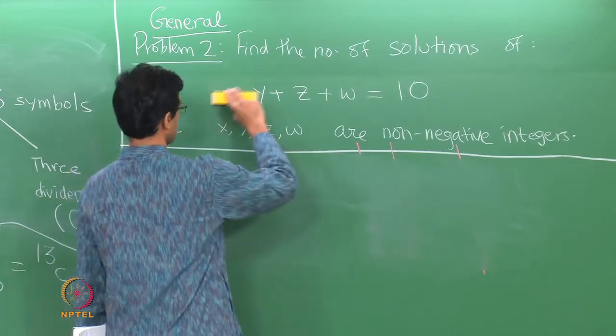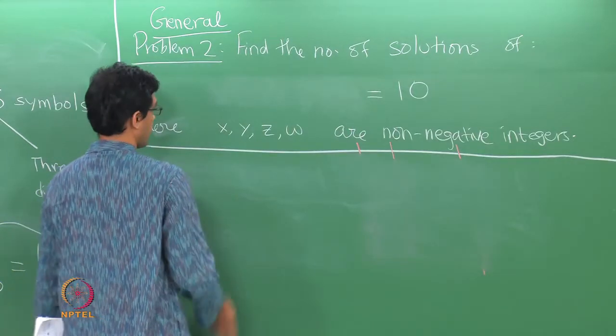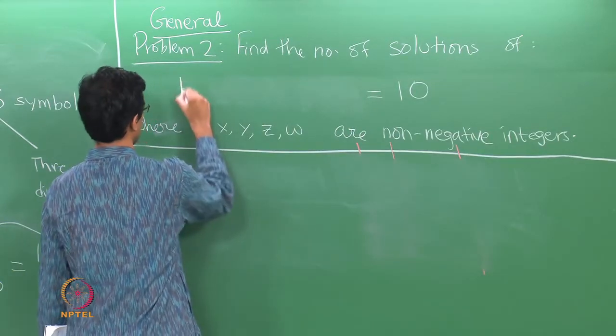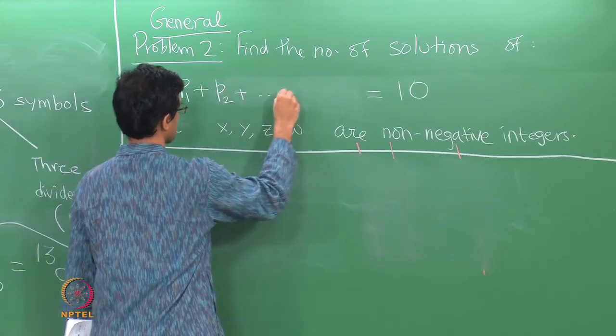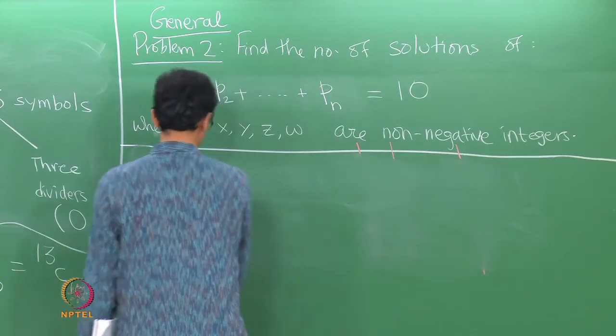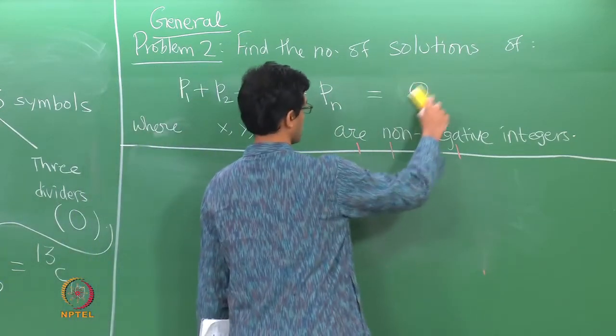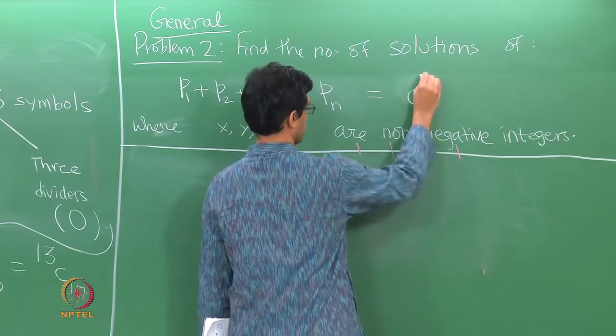In general I could assume there are n variables. So let me replace the left hand side by n variables. Find the number of solutions of the equation p1 plus p2 plus and so on through pn, so there are n variables, and the right hand side here was the number 10. In general I could assume it's some non-negative integer d.